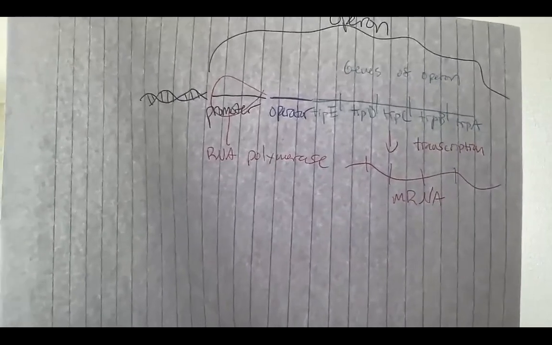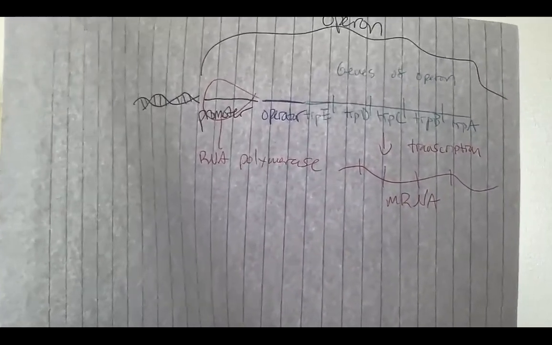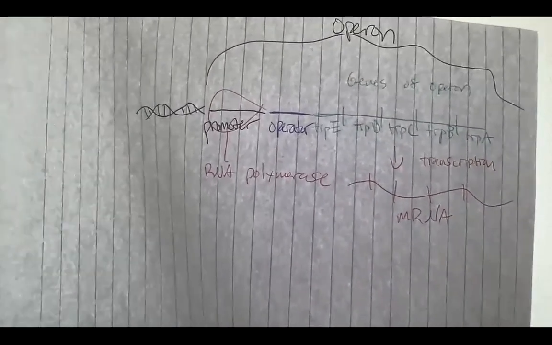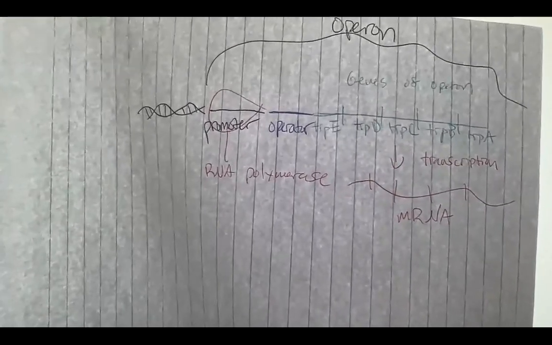So I'll kind of represent that with the hash marks. And so these mRNA sequences are going to be translated eventually into 5 separate polypeptide subunits that make up enzymes for tryptophan synthesis.